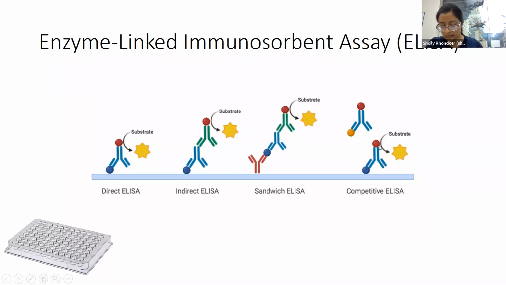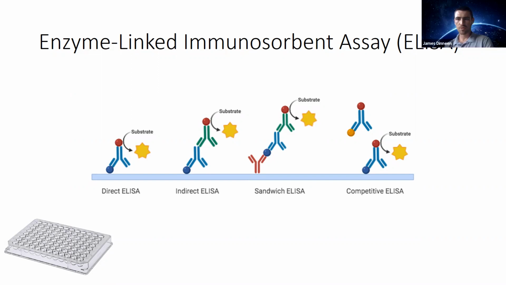So the concept here is that the same amount of this competing molecule will be added to all the samples, but depending on the amount of antigen in each well, the signal coming from the enzymatic reaction is going to be different. So this would give you a sense of the level of an antigen that's present in the sample, depending on how well the competing molecule is able to bind to the antibody.